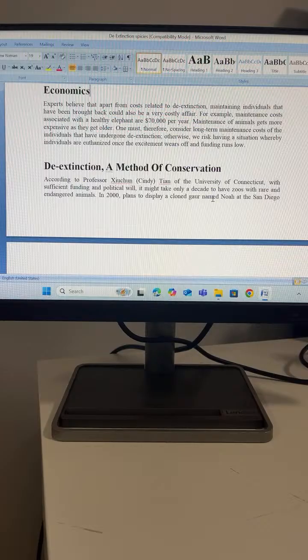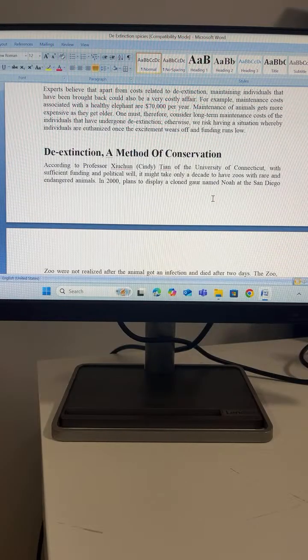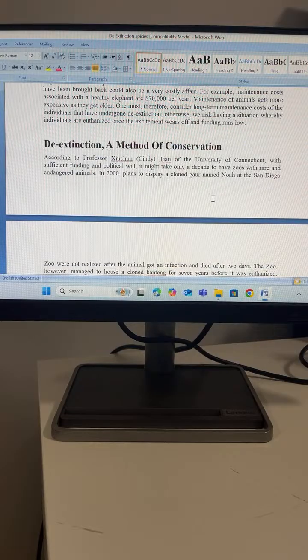De-extinction, a method of conservation. According to Professor Cindy Tian of the University of Connecticut, with sufficient funding and political will, it might take only a decade to do this with rare and endangered animals.